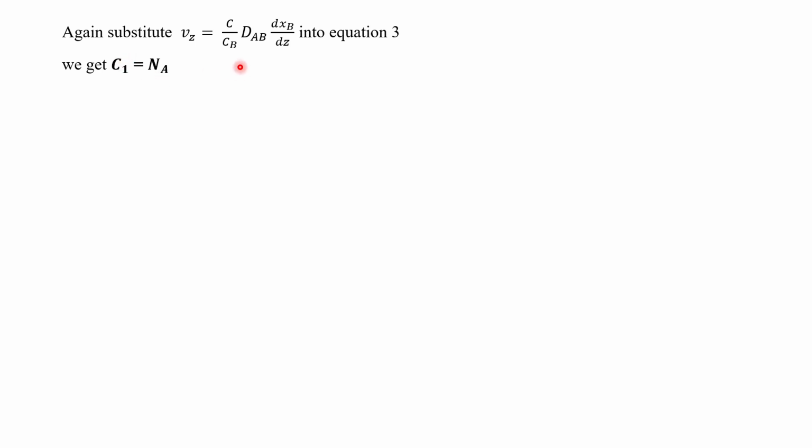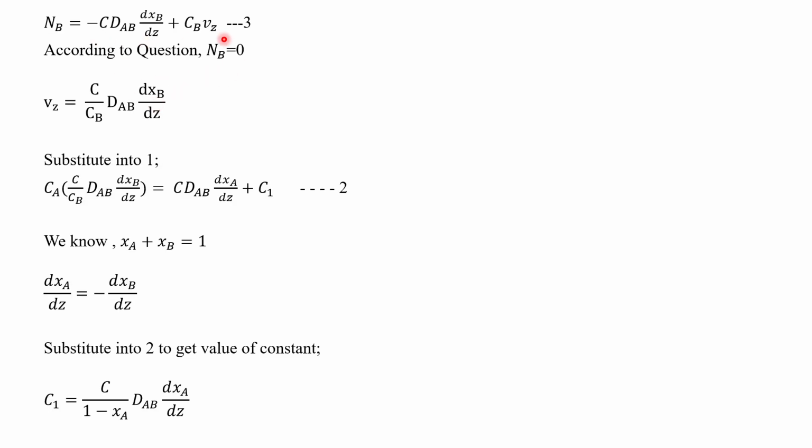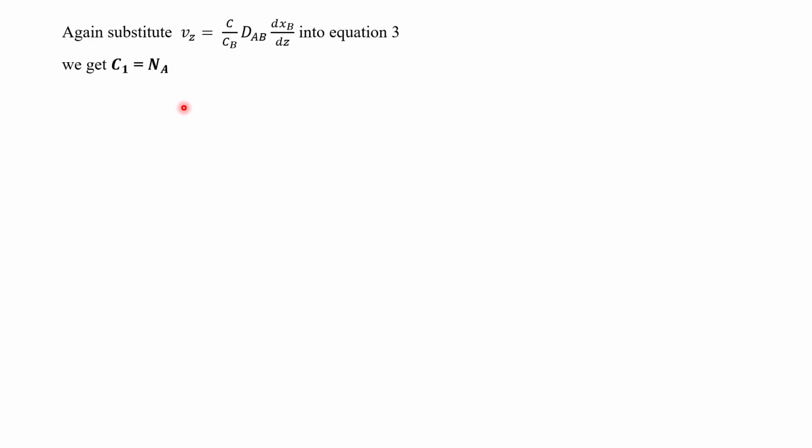C1 will be equal to Na. We'll substitute here and we'll get that C1 will be equal to Na. So we replace in the original equation with C1 as Na.